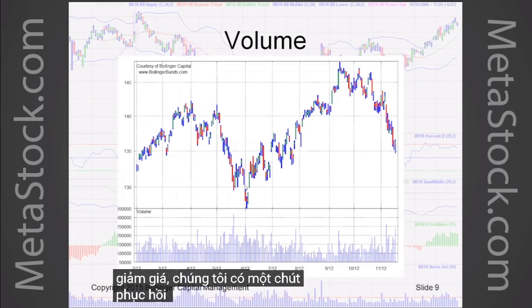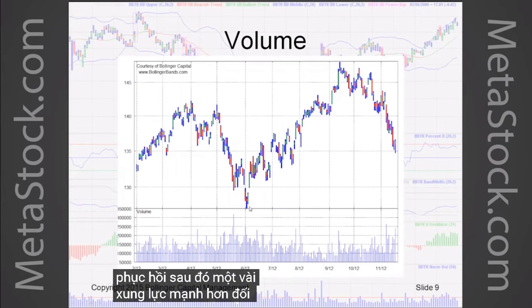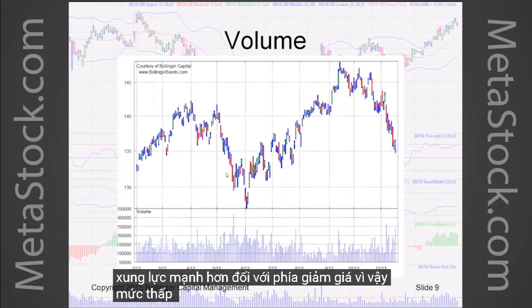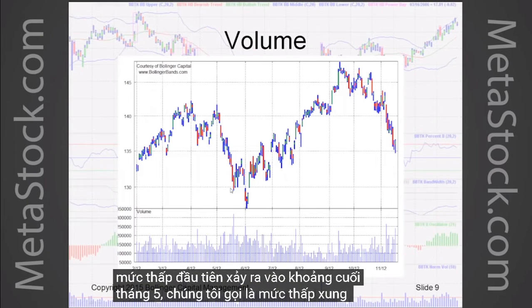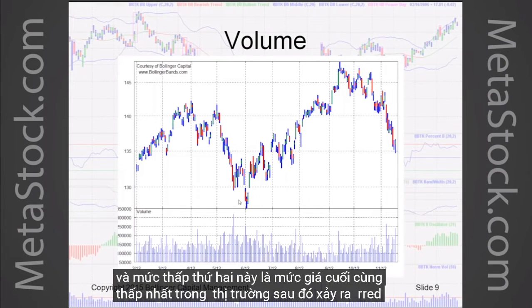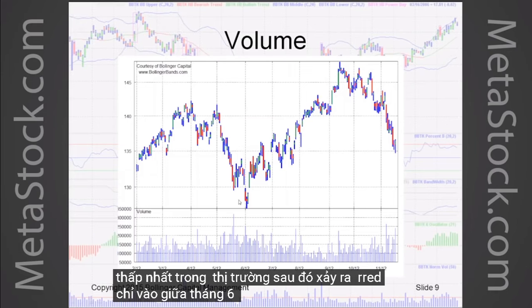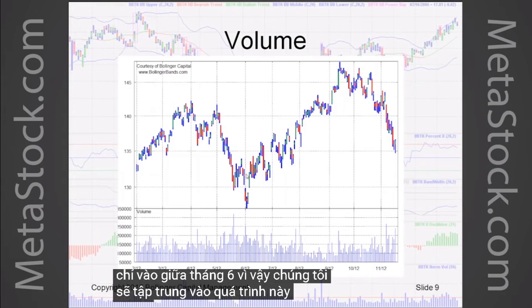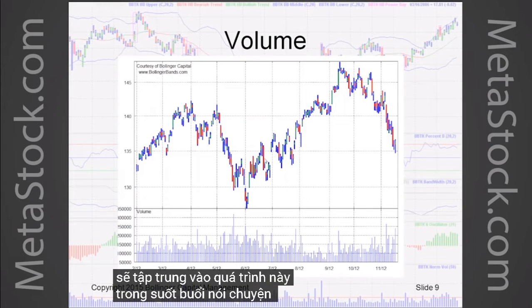We have a little bit of recovery and then a couple more strong impulses to the downside. So this first low that occurred just about the end of May, we call a momentum low in the market. And this second low is the final price low in the market, and that occurred just in the middle of June. So we're going to focus on this process all throughout today's talk.